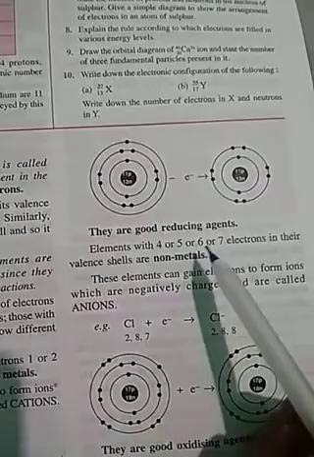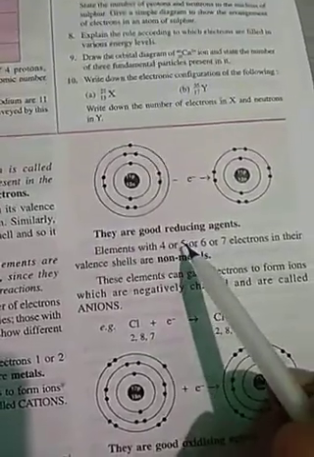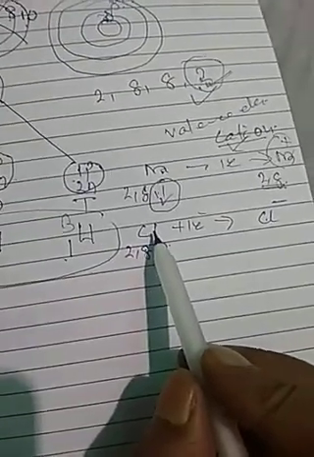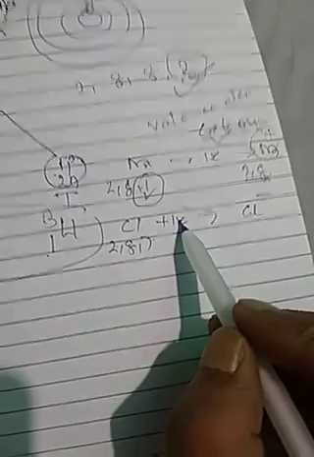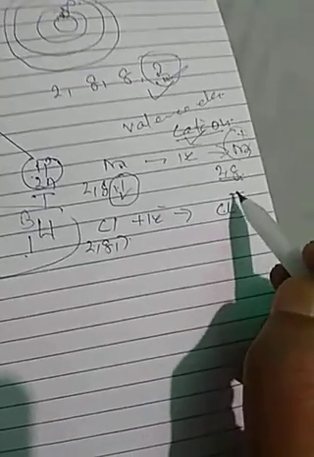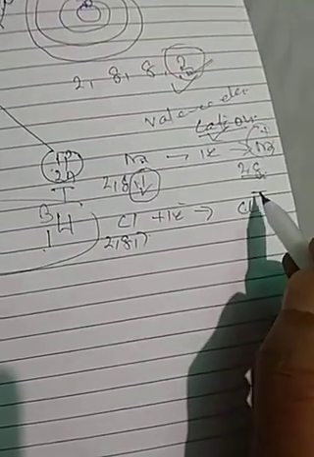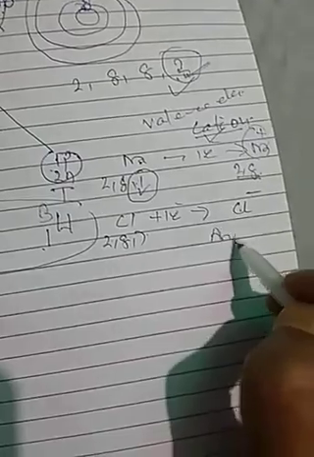They will gain electrons. As soon as they gain electrons, we had seen chlorine is a nonmetal. When it gains an electron, it forms chloride ion, not chlorine ion but chloride ion. It forms a negative charge, or we can say it forms chloride anion.